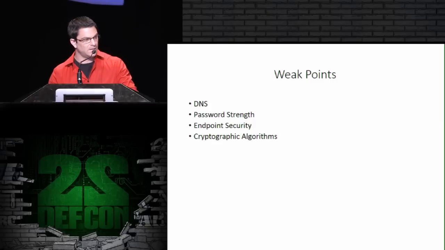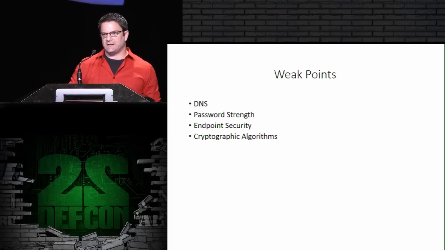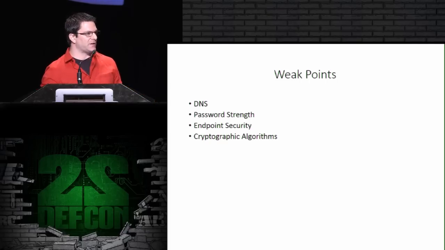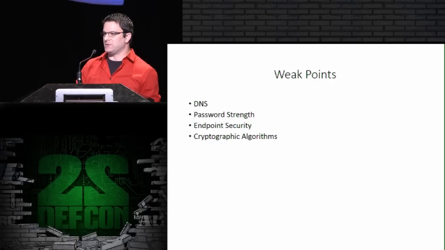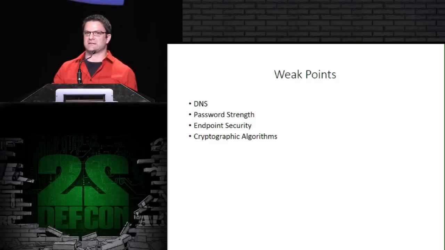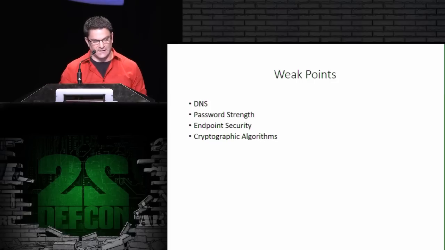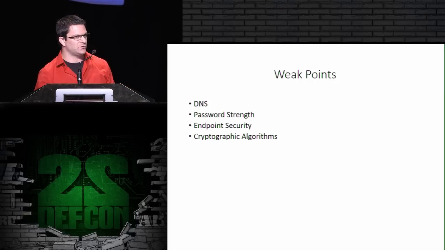The algorithms themselves. The thing about cryptography is that you can never prove something is secure, you can only prove it's insecure. So just because we don't know of a vulnerability doesn't mean somebody else does. And then of course, if you buy into all of the hype, we've only got so many years before the bad guys develop quantum computers and can break the crypto anyways. The way I look at it is we got at least 20 years for that to happen.